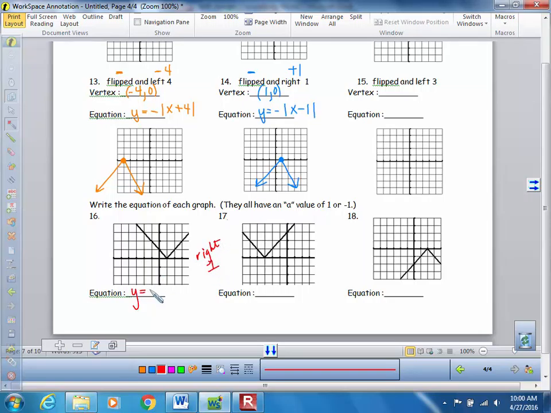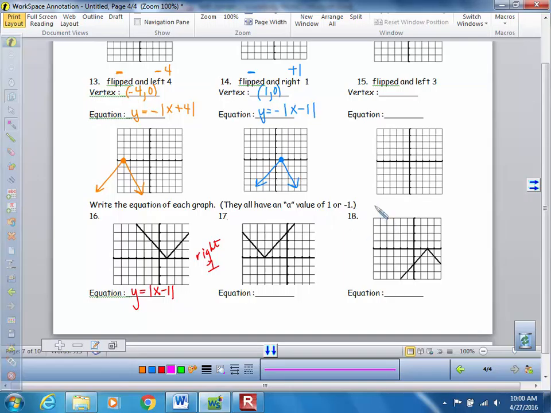So that's positive. So when I do my equation, it's going to be x minus 1. Then did I have to add anything at the end? Did it move up or down? No. So that would be my equation. Minus 1. Because this is positive. You always do the opposite.